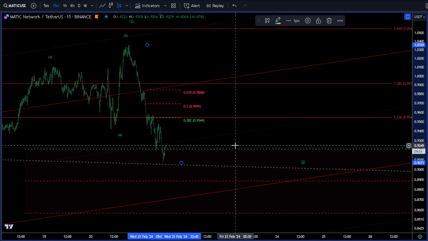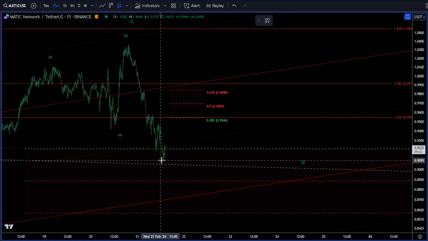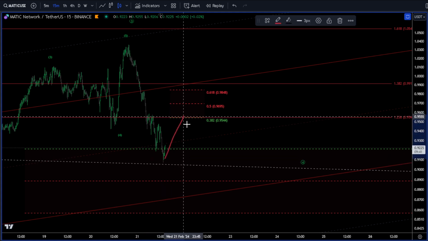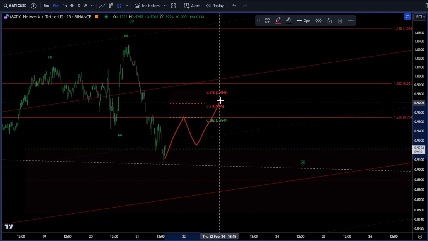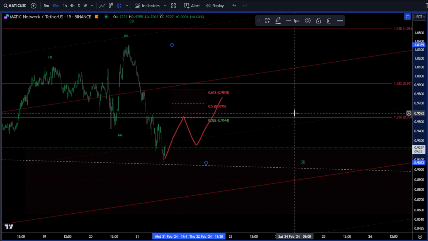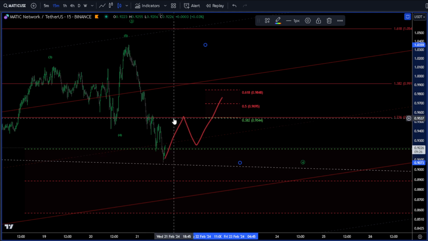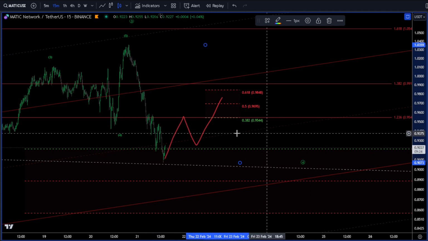So say we get a 3-wave 1-to-1 move, something like this. We're in the same issue where this could be a 1-2-1-2 or an ABC. You're always going to have those issues.